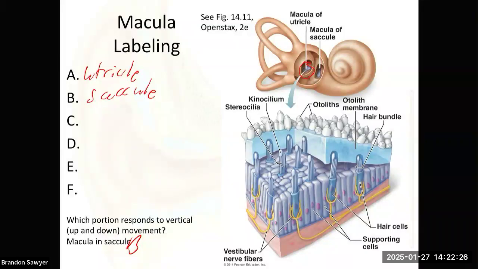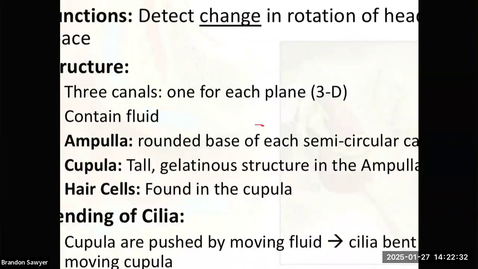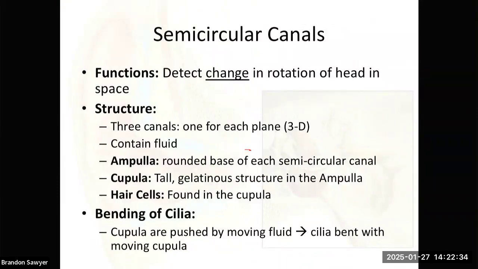Okay, last one. So the semicircular canals here are there to help us detect change in rotation of our head. And there's three canals, like I mentioned before, for three dimensions. One specialized structure is called the ampulla. This is just the rounded base of each canal.